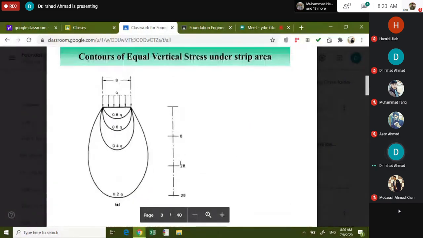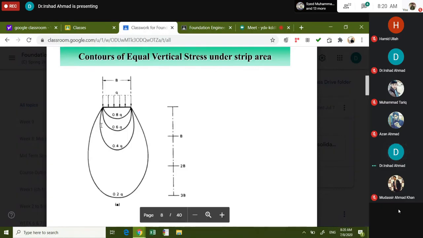This is a pressure bulb due to strip loading. You are aware of the concept of a pressure bulb. You have studied it in the fourth semester. You see, this is q intensity on a strip footing, and as you go down, the stress due to load decreases.